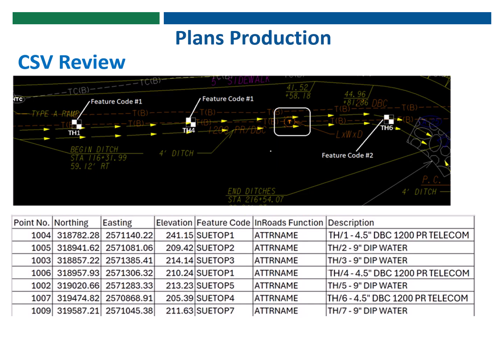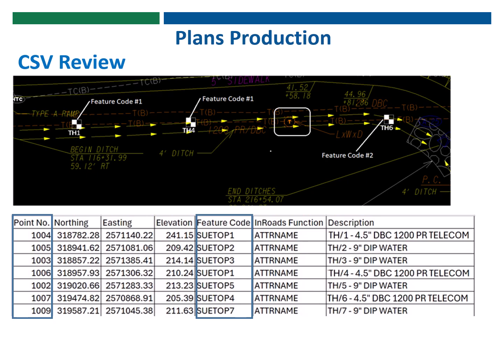So I'm going to specifically talk about the feature codes here. In this example, they were performing test holes on the same utility: test hole 1, test hole 4, and test hole 6. Test holes 1 and 4 were done before the manhole that is shown in the middle of the screen, and then test hole 6 was performed after that manhole.